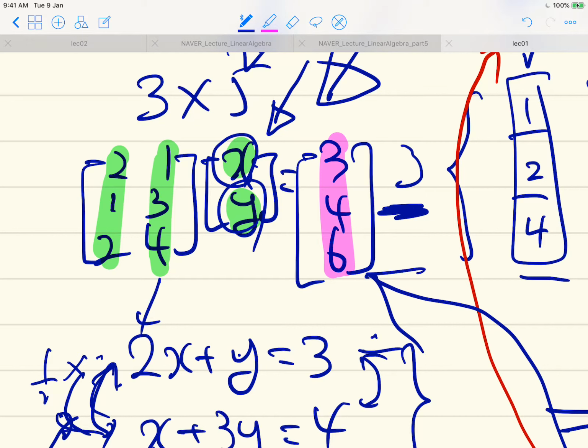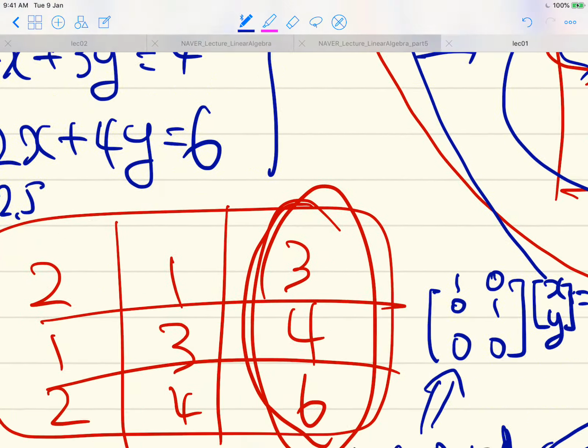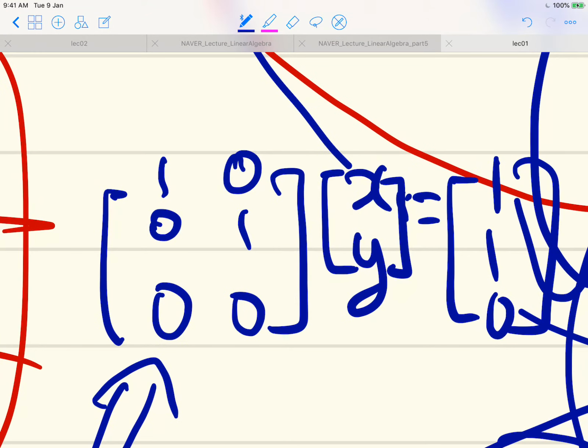In this particular case, we have two different column vectors, and we have to find a suitable linear combination coefficient that will produce this vector. Suppose we found the coefficients that satisfy this using those two columns; that linear combination of x and y is the solution for this equation. This equation is also trying to find the linear combination of 1, 0, 0 and 0, 1, 0.